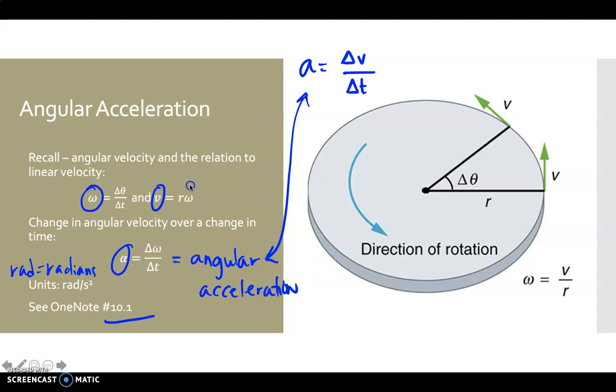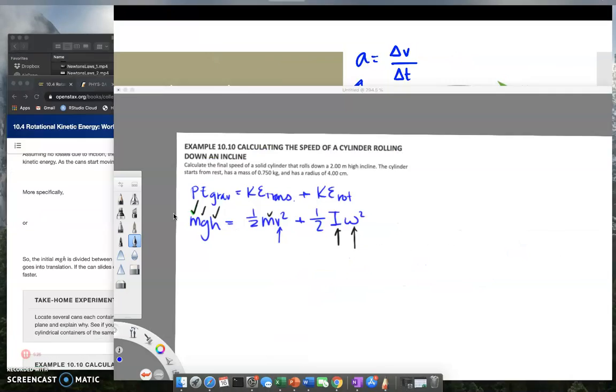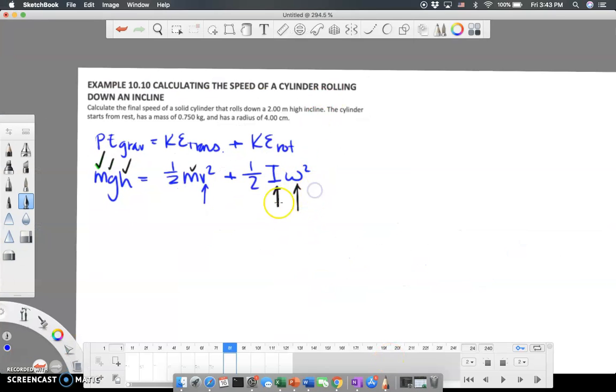Okay, we can put it in terms of velocity only by translating it. Since v equals r omega, we can go ahead and use that. I believe that should work. So omega should be v over r, since v equals r omega.